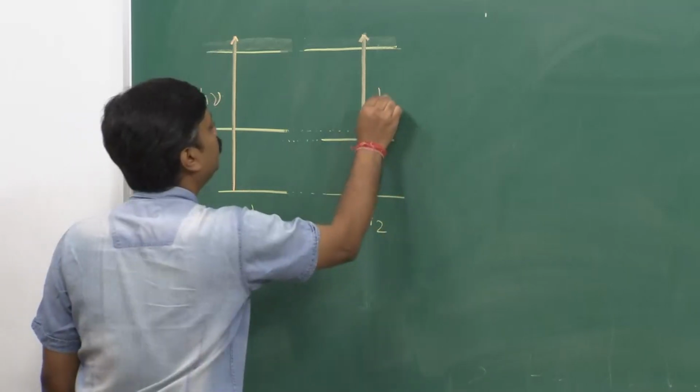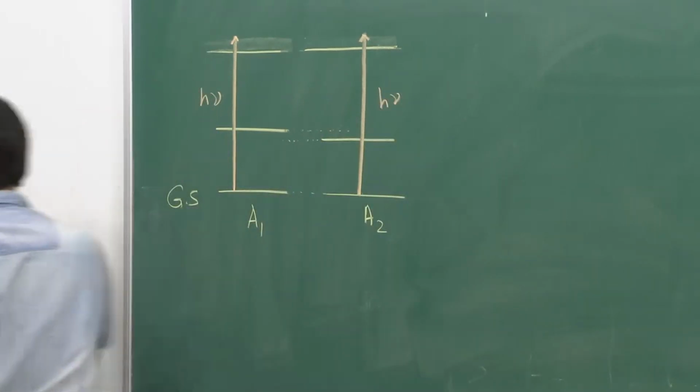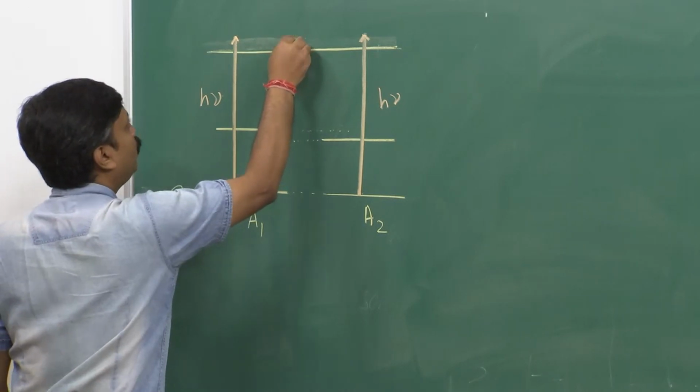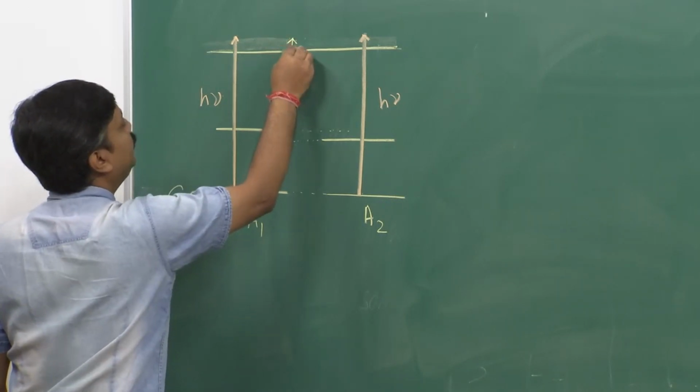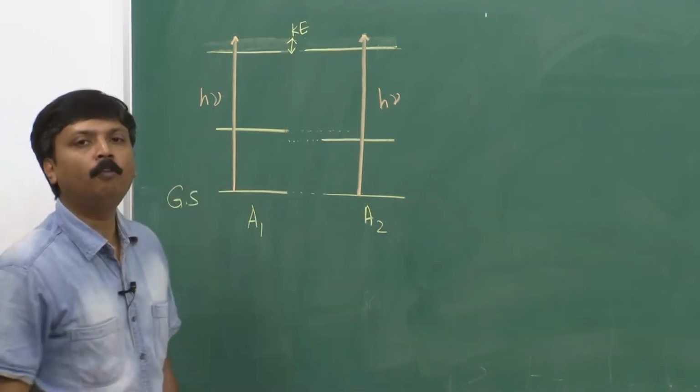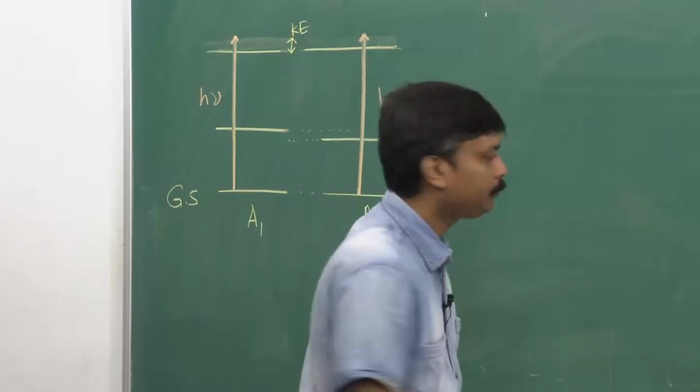This is also h nu, and the excess energy for both of them gives the kinetic energy of the ionized product and the electron.